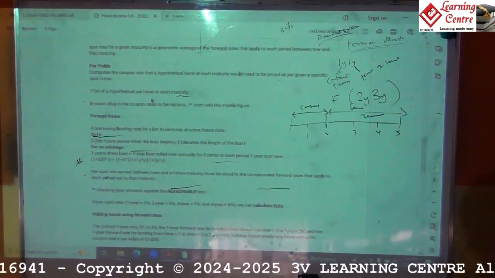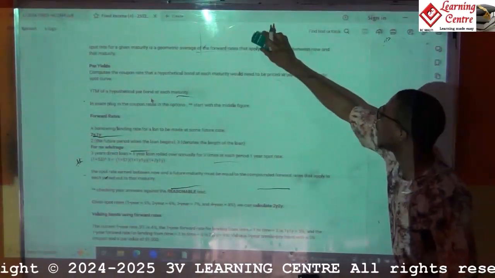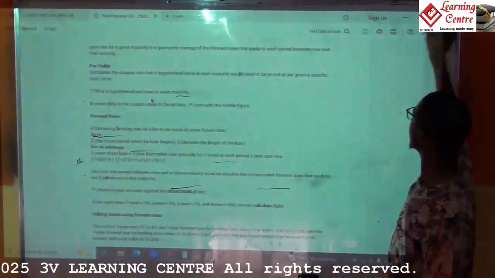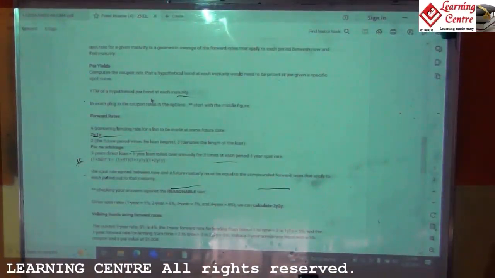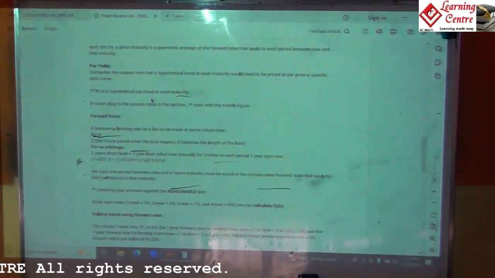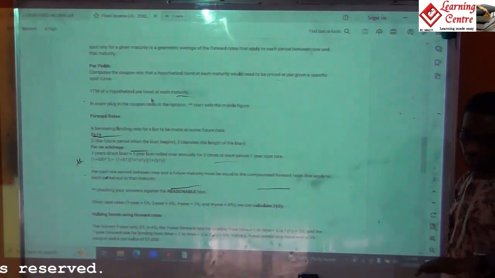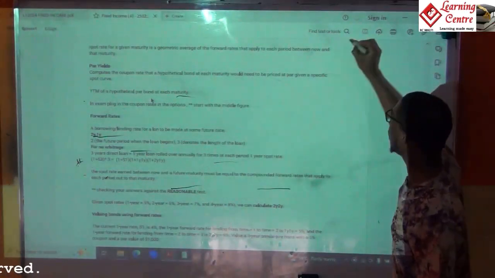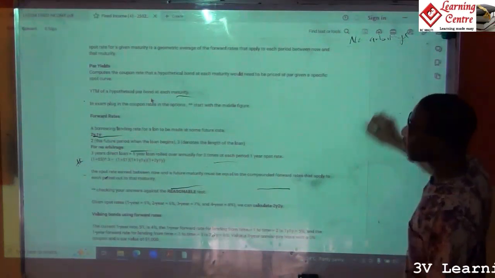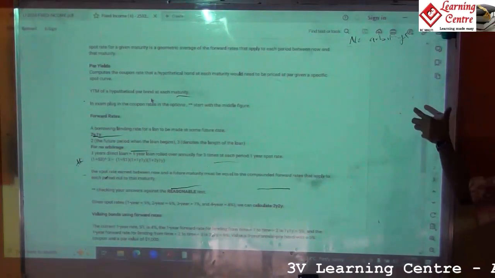Now, when Sam offered me 35%, on what ground will I agree to that 35%? The only time I will agree to that 35% is if I feel I'm not going to be cheated. When there is no cheating on any side, that's when we come to no arbitrage: no unfair advantage, no riskless profit, the no-arbitrage rate.